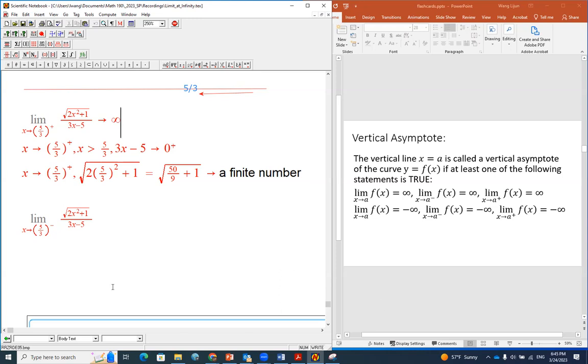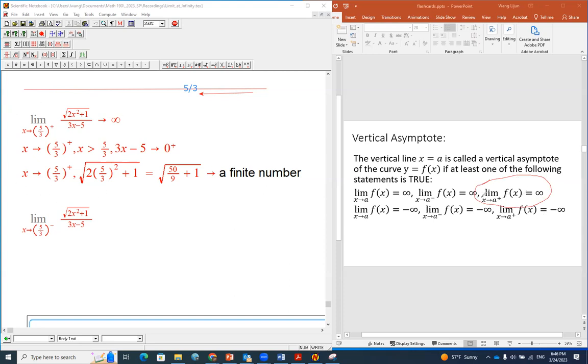So by definition, as x is approaching a number from larger, let me show you that piece right here. This definition, this is what happens here.